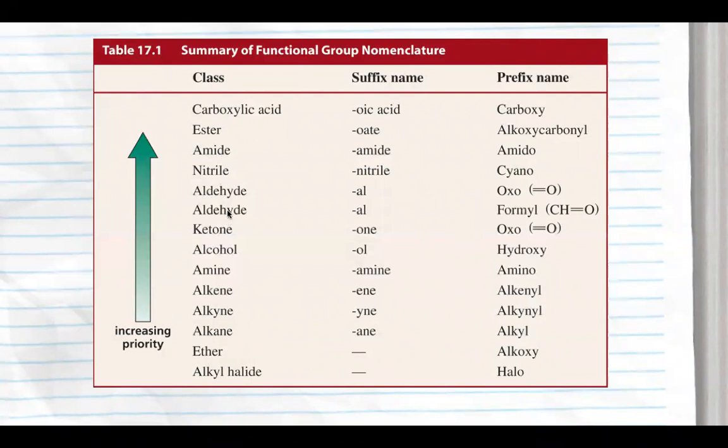Look up here at the aldehydes. You notice there's 2 of them. What do you think that formyl is? That formyl is a group that is on something else, like a ring. Oxo is its name if it was in a carboxylic acid. This table ought to help you get it straight. The right column is what you call the groups when they are not the winning functional group.